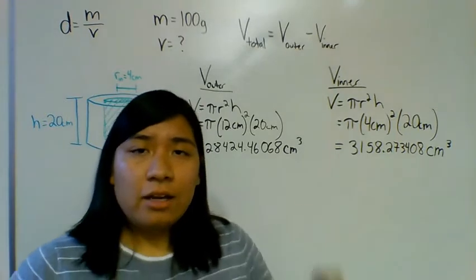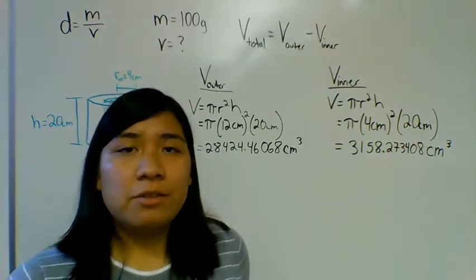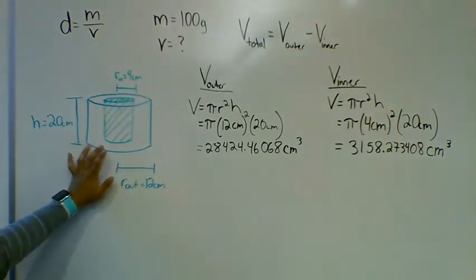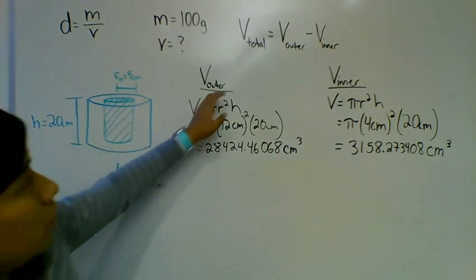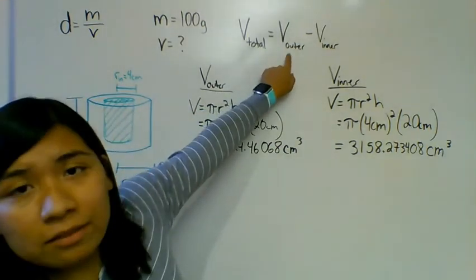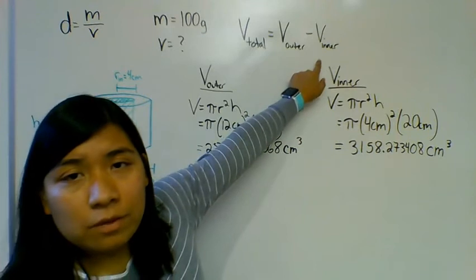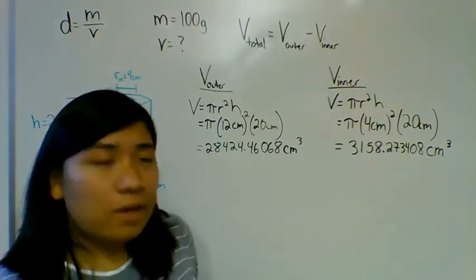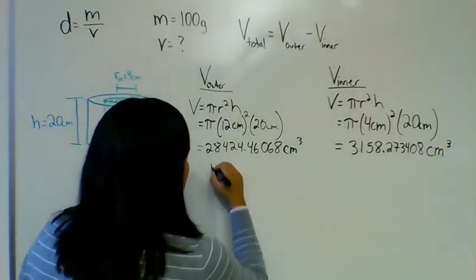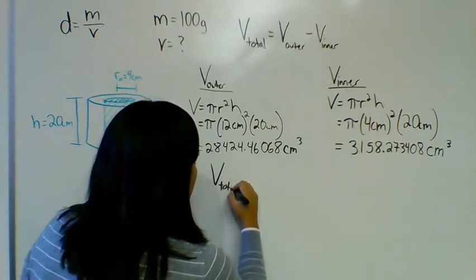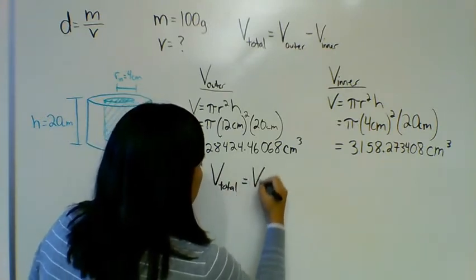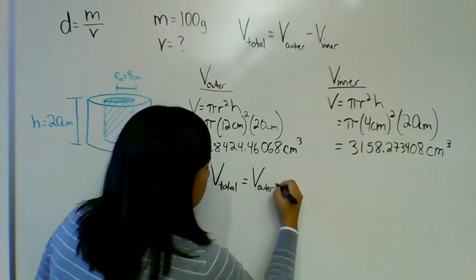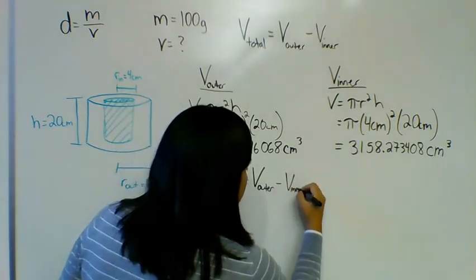Okay, I have 2 volumes now. We said that to find this unshaded part right here, we need to subtract the volume of the outer minus the volume of the inner. So let's go ahead and do that. I'm going to write volume total is equal to volume outer minus volume inner.